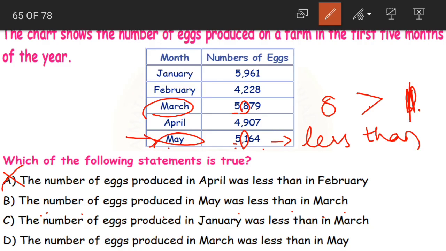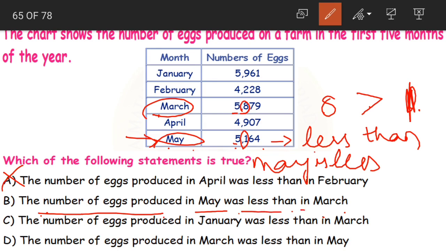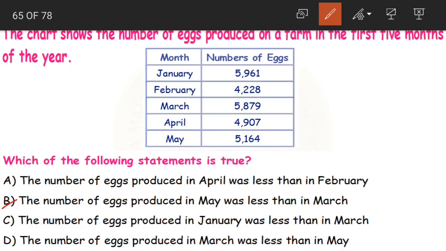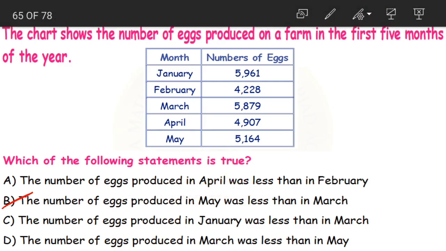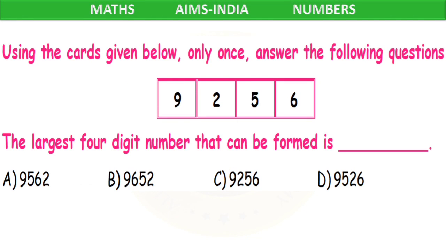So the number of eggs produced in May is less. May is less than in March. Yes, the number of eggs produced in May was less than in March. That is the same statement given here. So option B becomes our correct answer. Statement B, that is number of eggs produced in May was less than in March, becomes our correct answer, children.